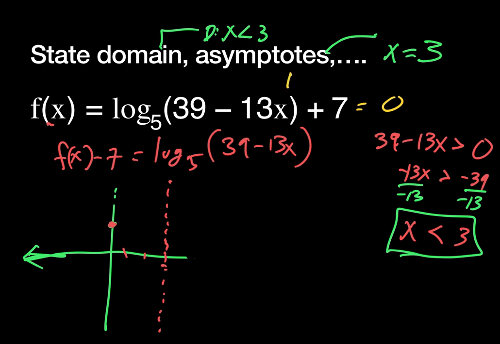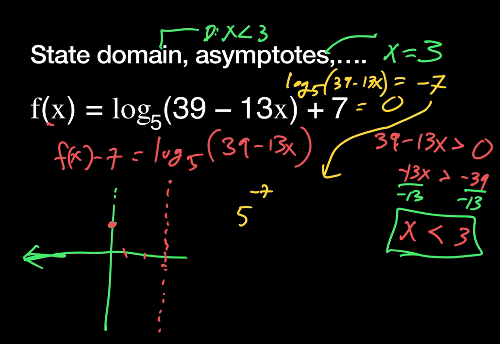So then log base 5 of 39 minus 13x equals negative 7, right? Subtracted the 7. Convert that into exponential form. 5 to the negative 7th is equal to 39 minus 13x. 5 to the negative 7th is going to just be a really small number, 1 over 5 to the 7th.